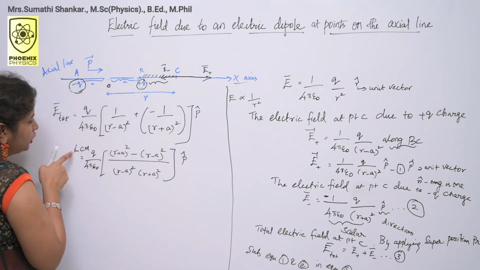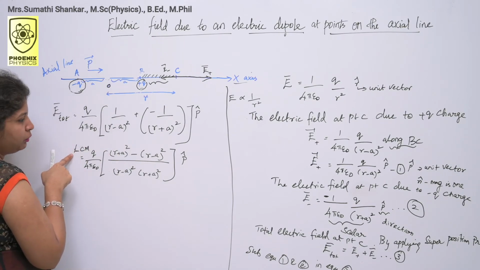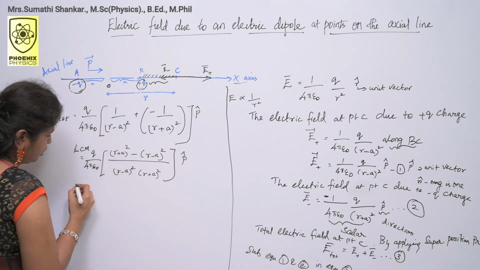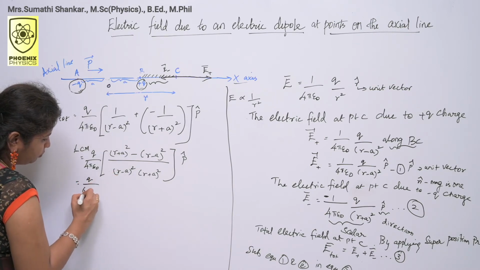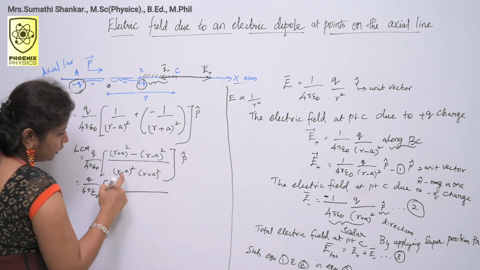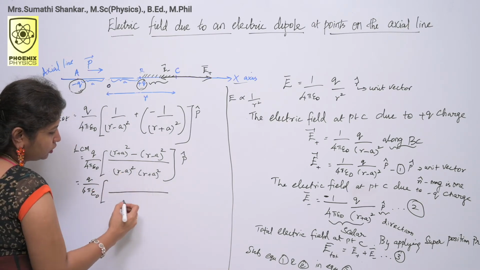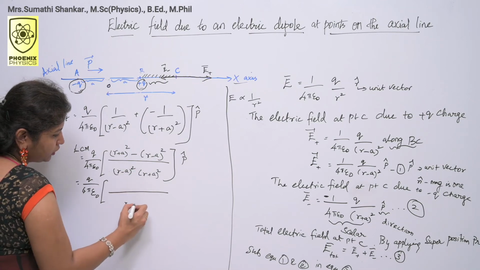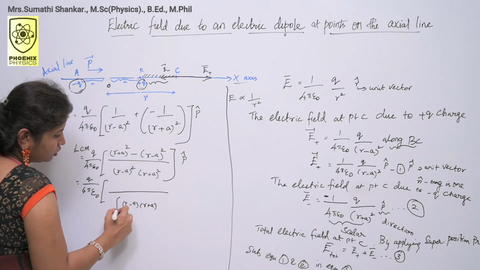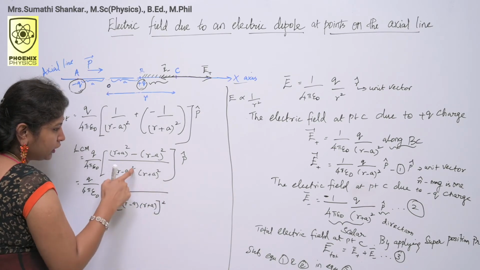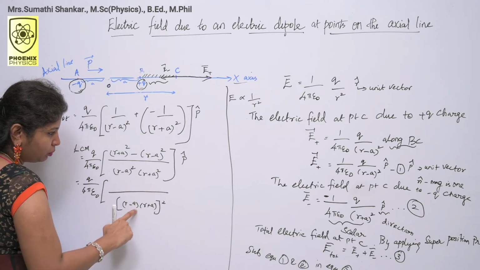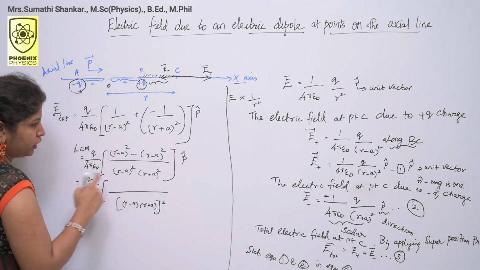Here I have taken the LCM, that is why I have written like this. Now Q by 4 pi epsilon naught. Here group these two terms, that is (R minus A)(R plus A) the whole square, because here also I have square, here also I have square. So that is why I have written (R minus A)(R plus A) the whole square.